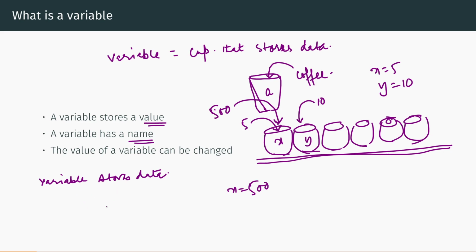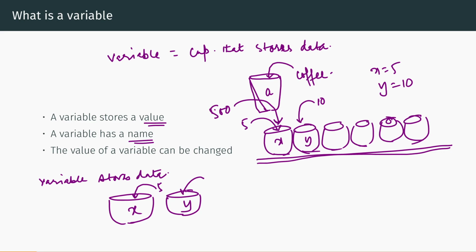Let's say you have this cup called X, and it has some data, and you have another cup Y, and you want to add whatever's in cup X to whatever's in cup Y. Let's say cup X has milk and cup Y has coffee.